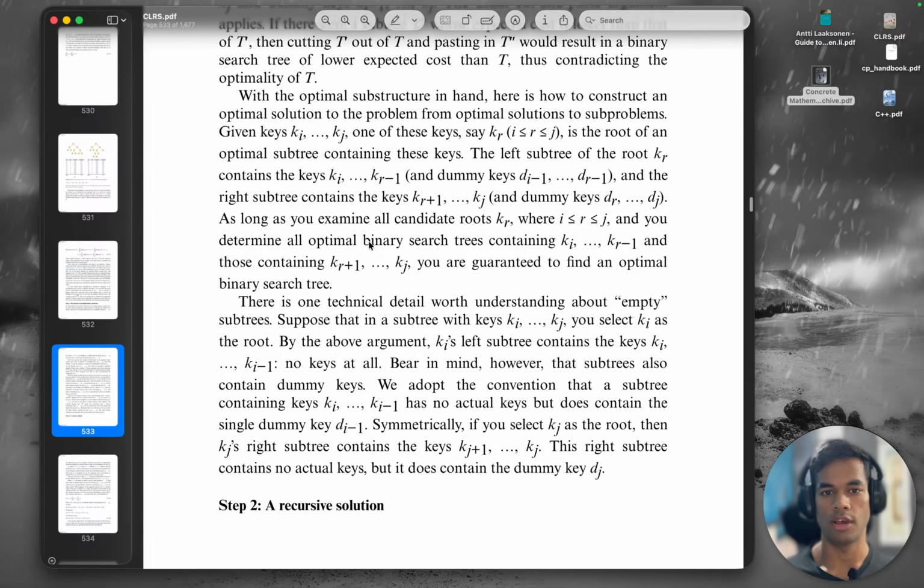As long as you examine all the candidate roots for r from the ith till the jth, you determine all optimal binary search trees containing ki till kr minus 1, this would be the left binary search tree, and this would be the right binary search tree. You are guaranteed to find an optimal binary search tree.